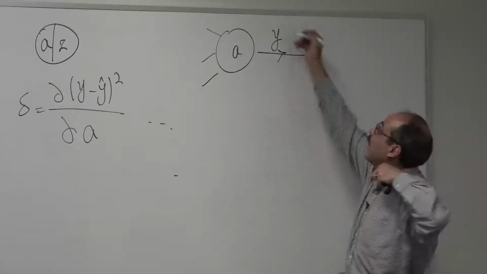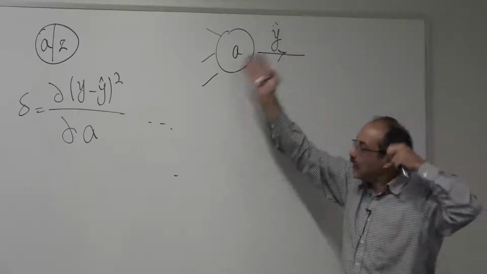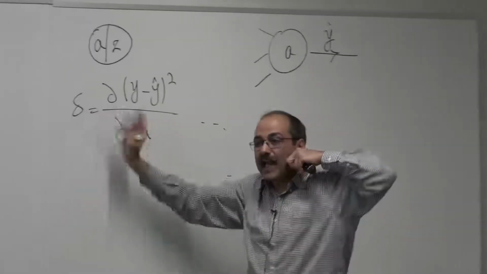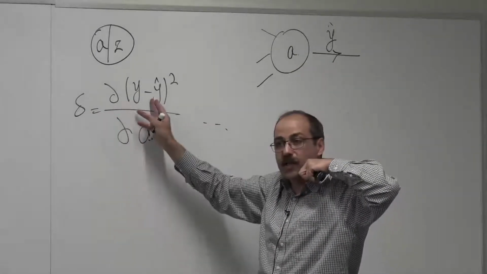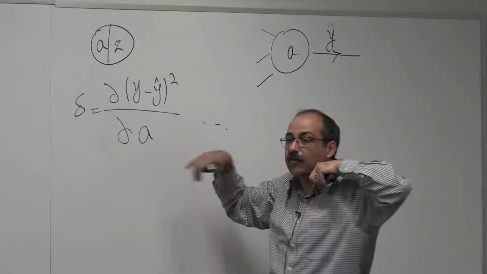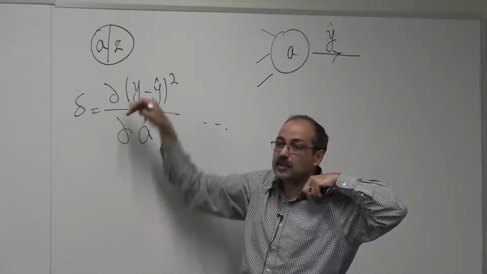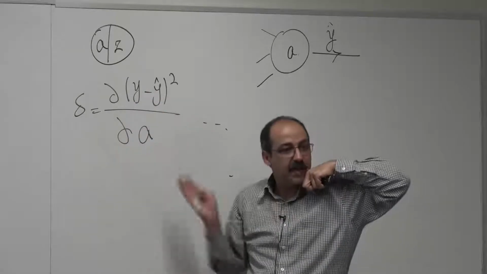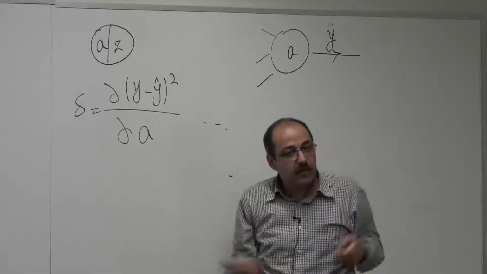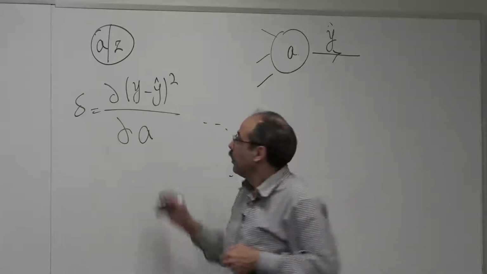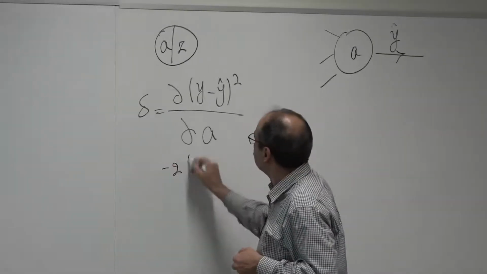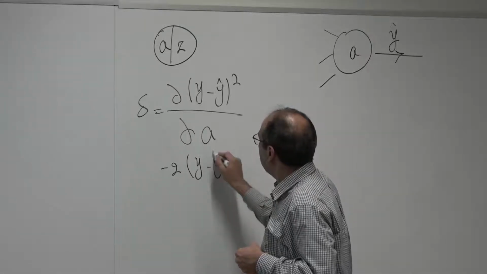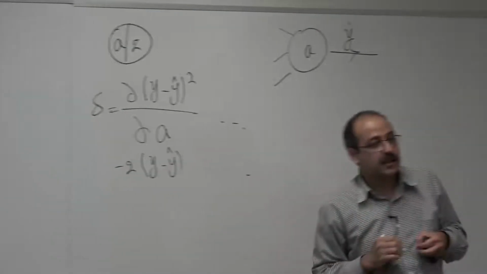I call it y hat. So y hat is a. So in the last layer, when I take the derivative of the cost function with respect to a, in fact I'm taking the derivative of the cost function with respect to y hat, which is trivial to compute, right? It's just 2 minus 2 y minus y hat. That's my derivative at the last layer.